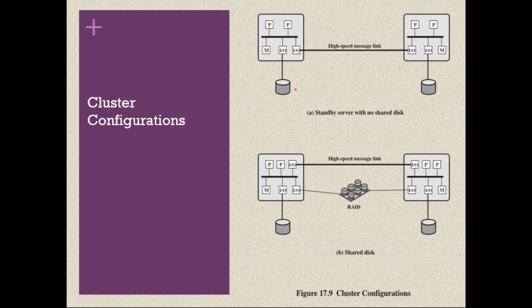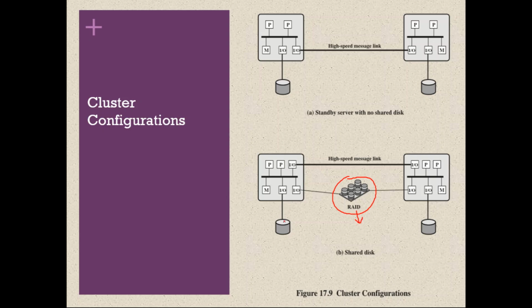This is one setup. This is another setup. Here almost everything is the same, apart from one more thing that is added, which is called RAID. RAID stands for redundant array of inexpensive disks, or redundant array of independent disks. The I can stand for either independent or inexpensive. I think we learned this in operating systems also. As per operating systems, it is redundant array of independent disks.